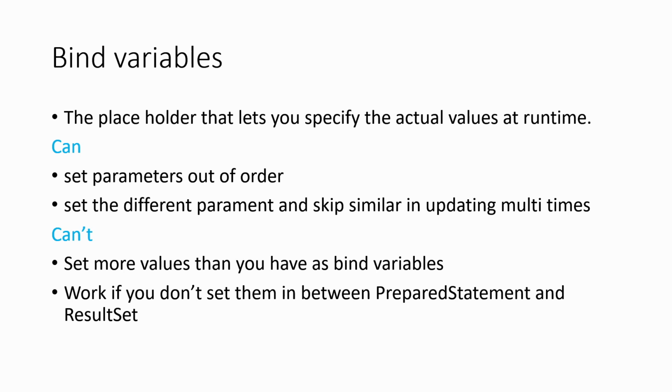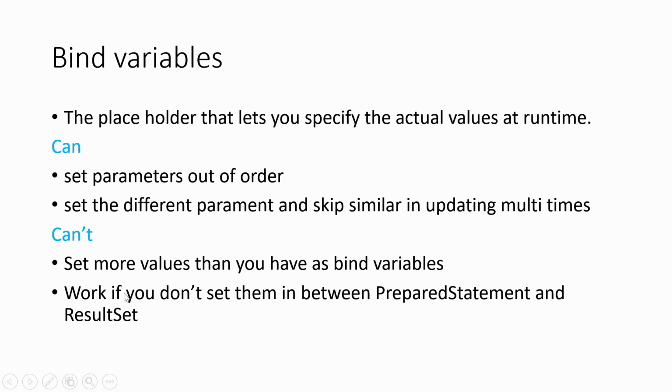Okay, so we cannot set more values than the bind variables, and we also cannot set less values than the bind variables. Bind variables must be equal to the set values.